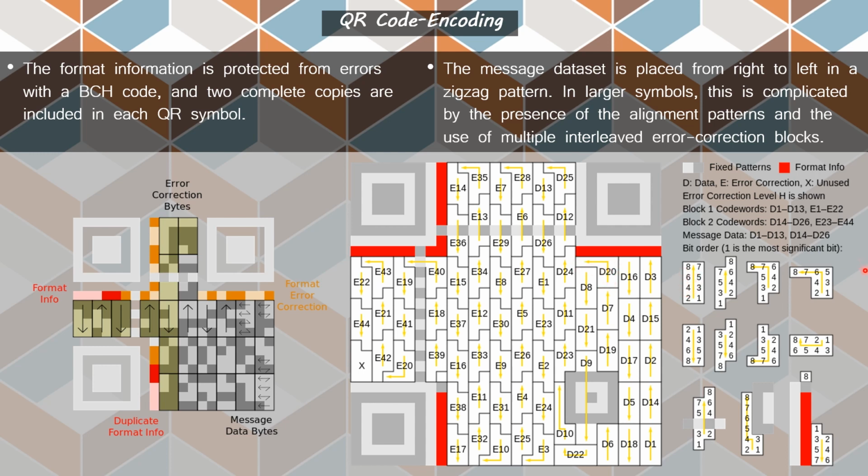These are the various shapes, and 1 is the most significant bit and 8 is the least significant bit, MSB and LSB. So you always have to read the bits from right to left. So you have to read like this: 1, 2, right to left, 3, 4, 6, 5, 7, 8, like that.